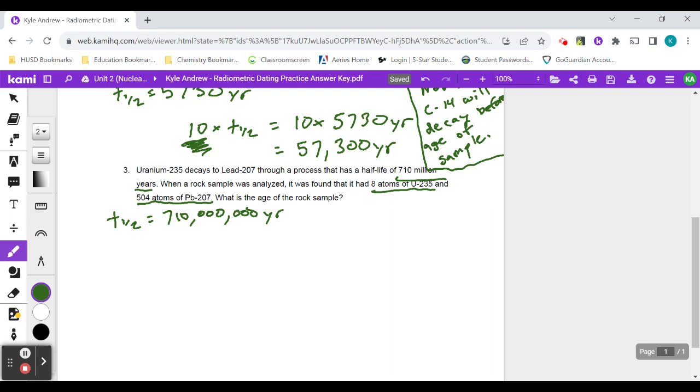What is the age of the rock sample? So we need to figure out what percentage of the sample is uranium-235. This is our parent, right? And this is our daughter.